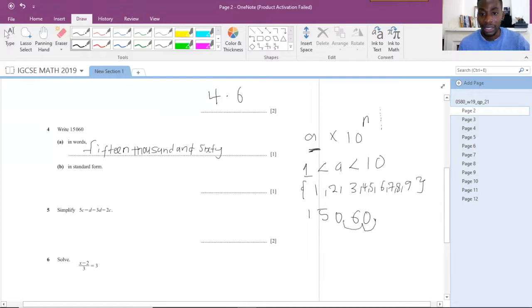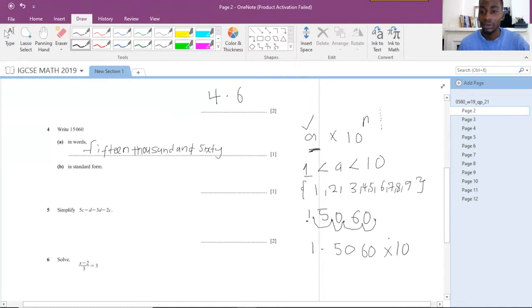If we move it like that, we'll have 150. If we move it like that, we'll have 15, which doesn't satisfy this solution set. But if we move it like that, we'll have 1 there. So it will be 1.5060. We satisfied our first solution set, times 10 to the power.